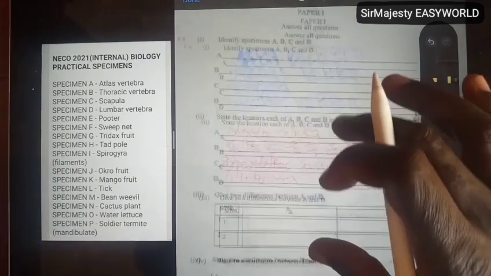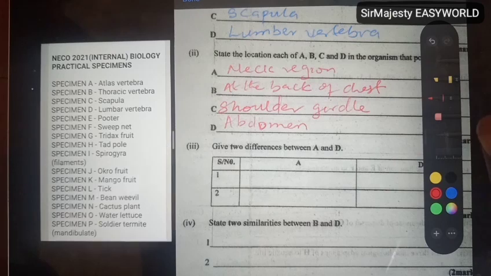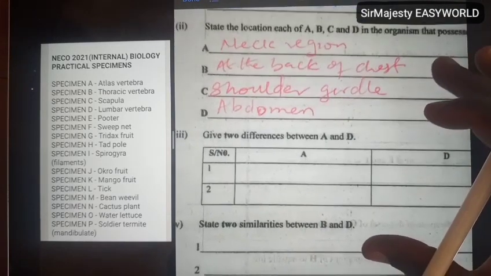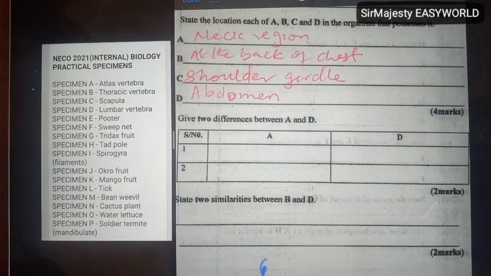The other one says give two differences between specimen A and D. Specimen A is atlas, D is lumbar vertebra, and I guess you watched my video here before these exams. So this video will help you compare and contrast. Try and watch the video discussing these bones.